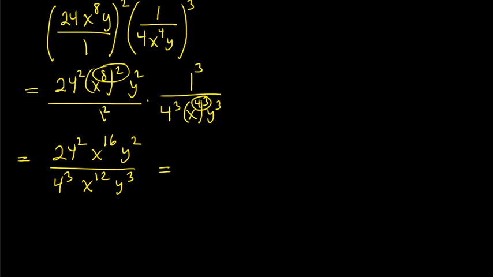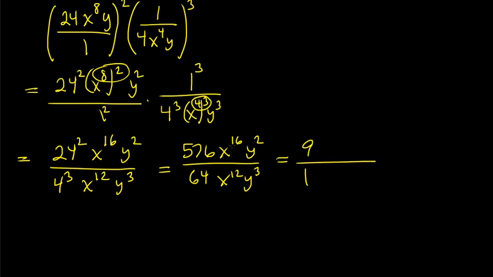That's 576. And I'm going to leave everything else alone for now. 4 cubed, 4 times 4 times 4 is 64. And 576 divided by 64 is 9. And that goes on top, right? It's 9 over 1. All right.